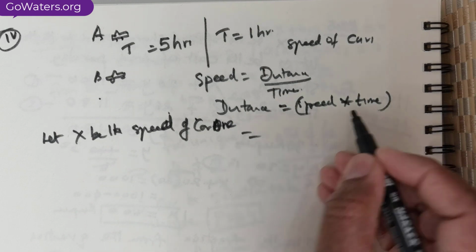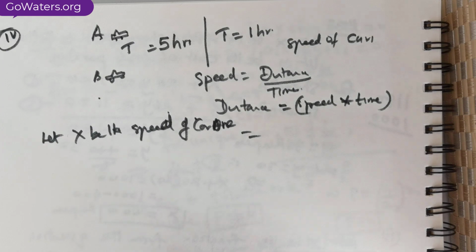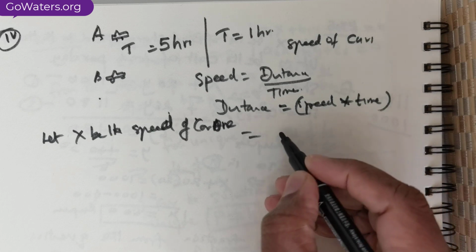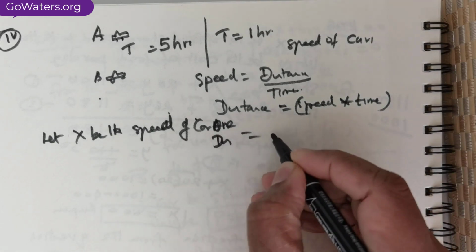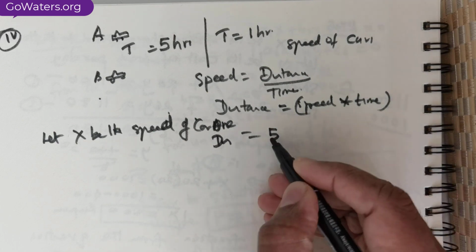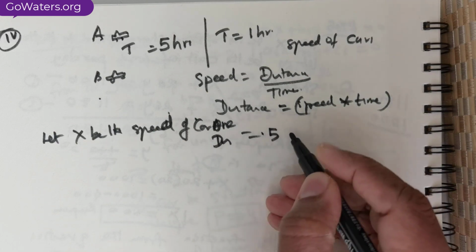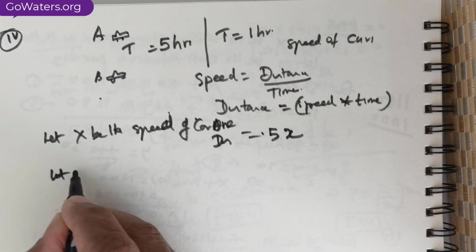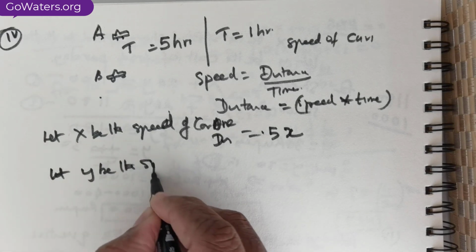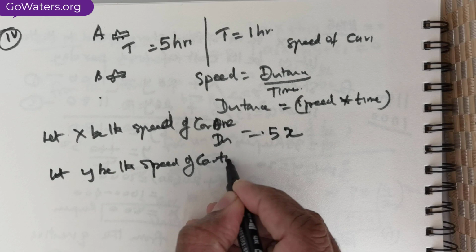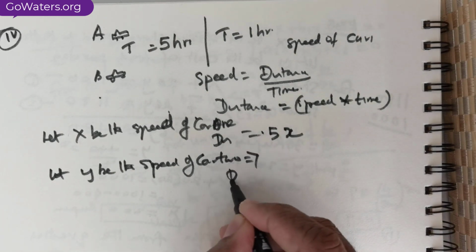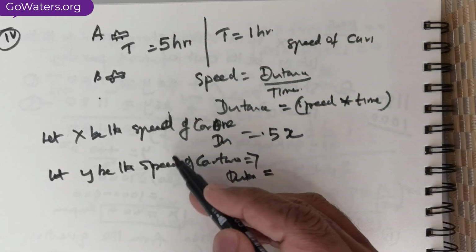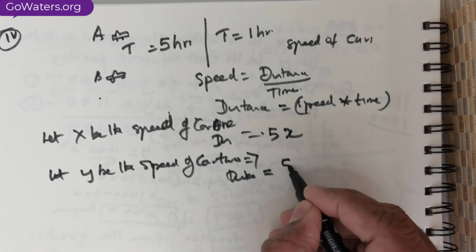I've taken x to be the speed, so the distance is x times 5, but I will write it as 5 times x. And over here, let y be the speed of car 2. The time is also going to be 5, and the distance is going to be 5 times y.